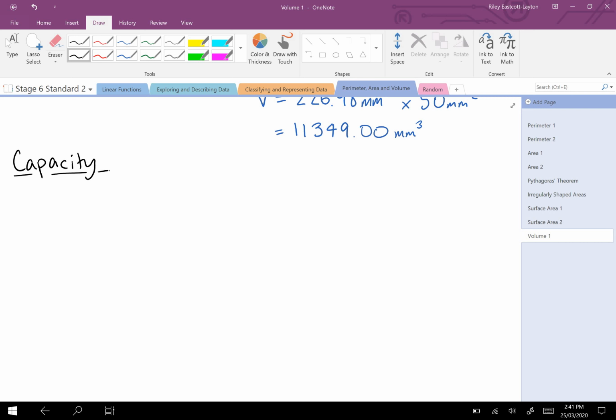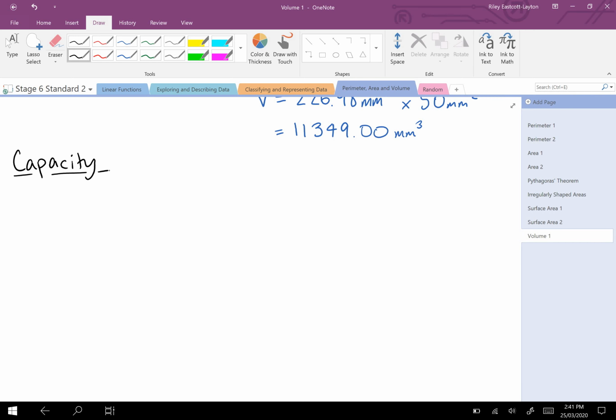So if we're talking about the capacity of a water bottle or something like that, we're talking about how much liquid we can put inside that container. So essentially it's a measure of how much volume we have on the inside of our object. So how much volume we have inside of our water bottle.